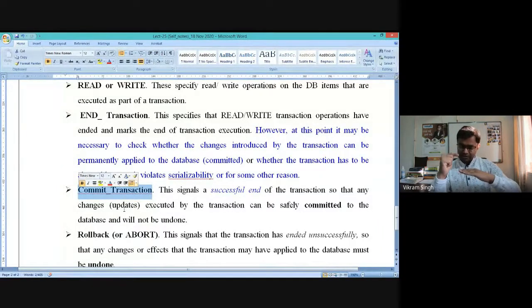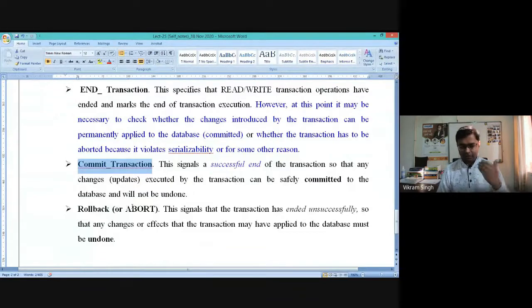And once this transaction reaches the commit transaction point, each and every change which we have initiated because of our operation is saved permanently. Once your transaction reaches the commit point, each change will be saved permanently, right? So that is the fourth operation, or fourth signal.